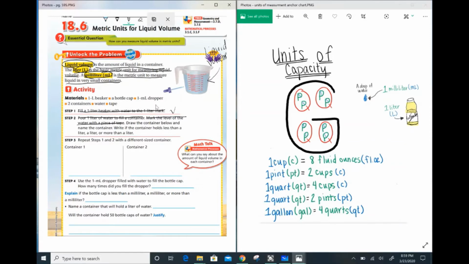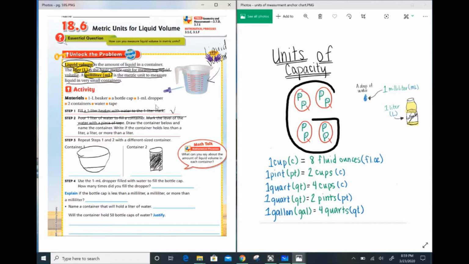Now I'm going to draw the containers below and name the containers. This is the amount of water that was in there.